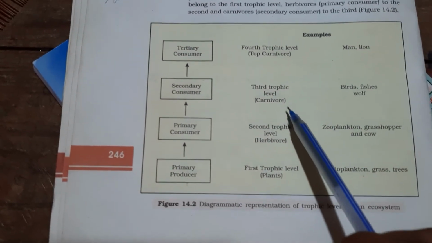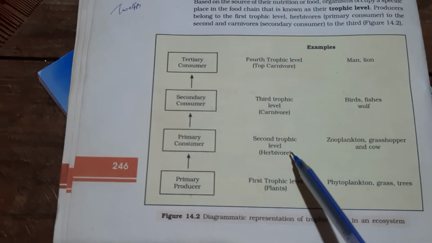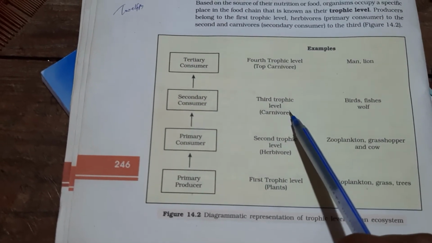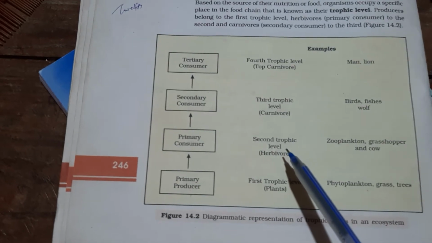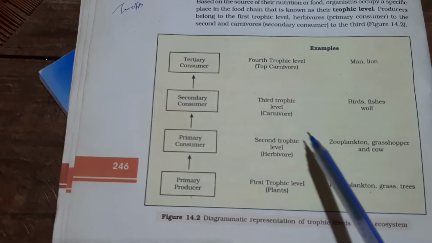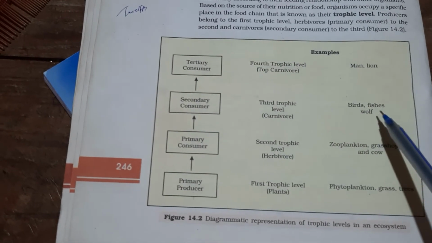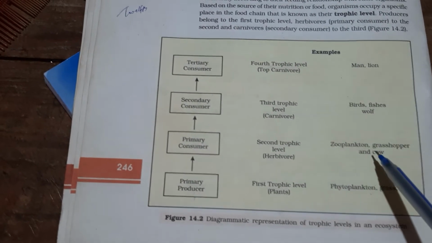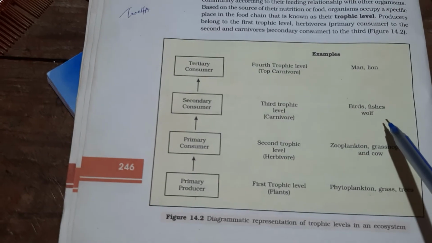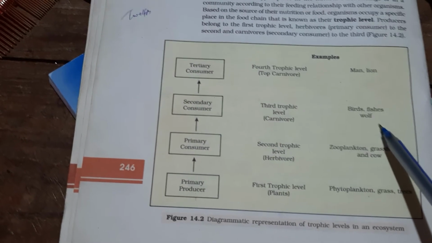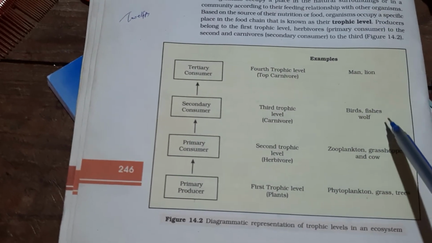Carnivores are stronger than herbivores because carnivores are predators and herbivores are prey. Like, grasshoppers are eaten by birds, cows are eaten by wolves, and zooplankton are eaten by fishes.